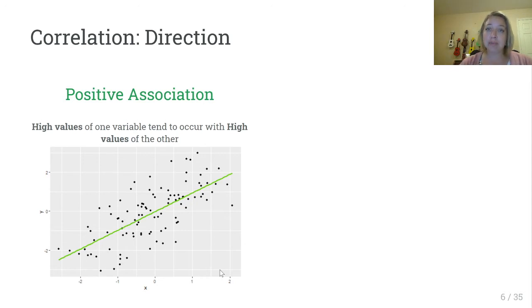Positive relationships are when the two variables, high goes with high, low goes with low. An example that is often given is hours spent studying and grade on the exam. Now, it's not a perfect relationship, but generally people who study more get higher grades, people who study less get lower grades.